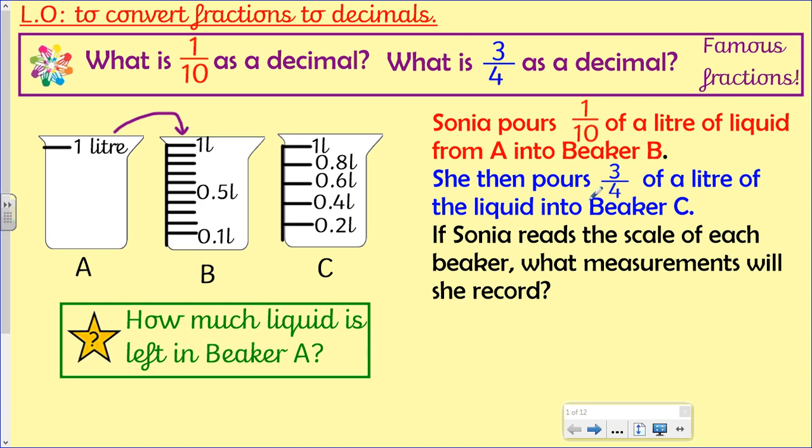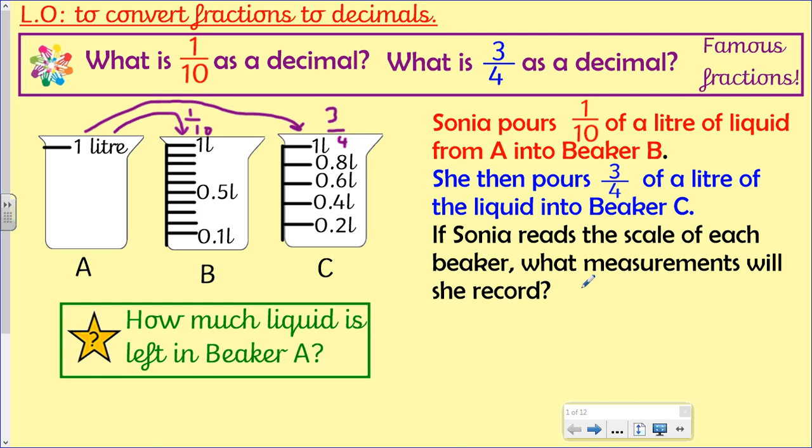She then pours 3/4 of a litre of the liquid from A into C. So that one was 3/4 of a litre, and that one was 1/10 of a litre. If Sonia reads the scale of each beaker, what measurements will she record?